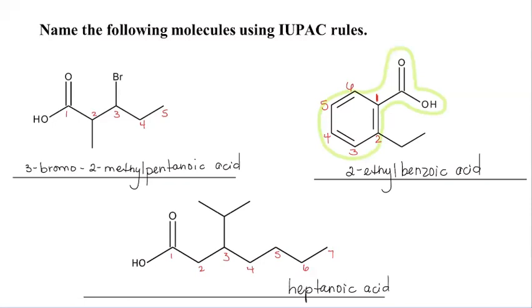On carbon 3, we have a substituent, the one that looks like a Y. What is the name of the substituent that in skeletal form looks like a Y? Excellent. By now, you guys should know. That's isopropyl. So this is 3-isopropyl heptanoic acid.